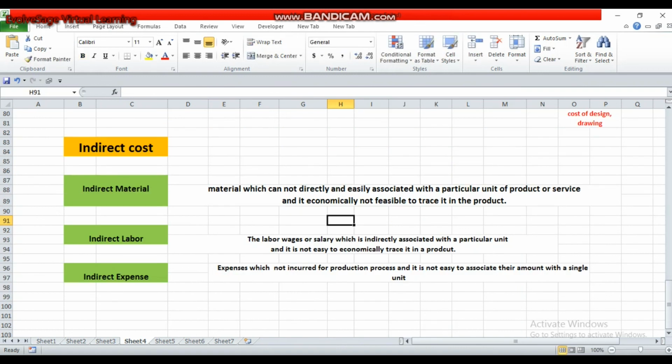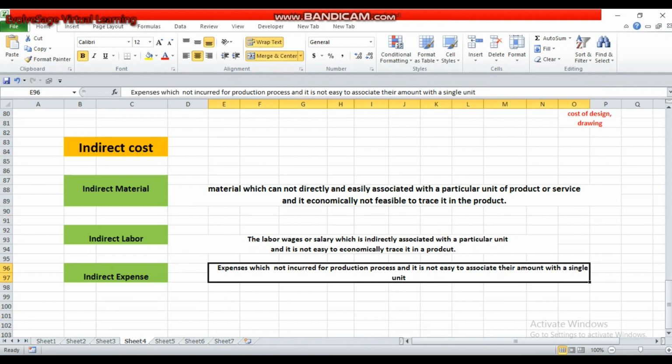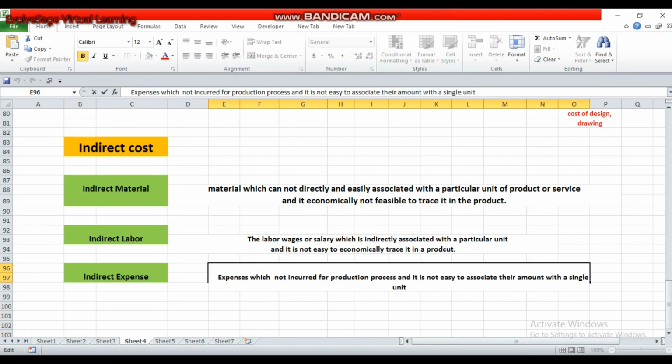Now, indirect expenses are those expenses which are not incurred for the production process, and it is not easy for us to associate these expenses with a single product. What does this actually mean? This means that these expenses are not specifically incurred for production.